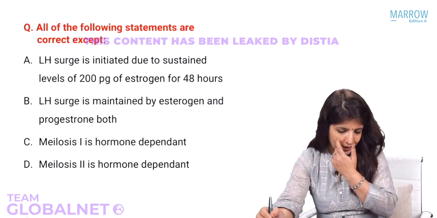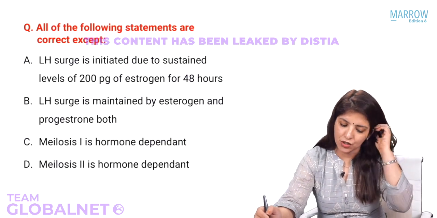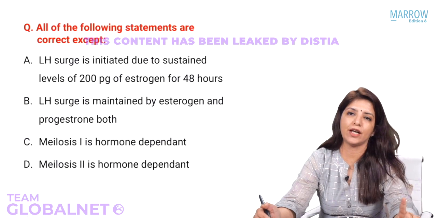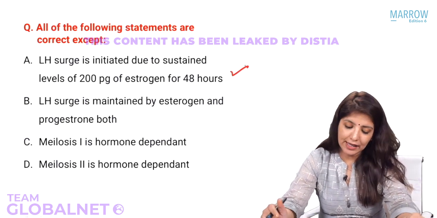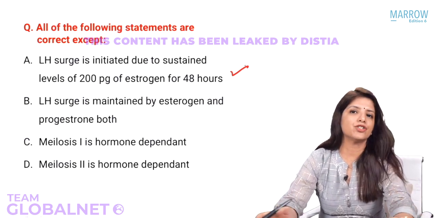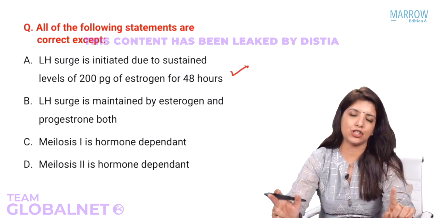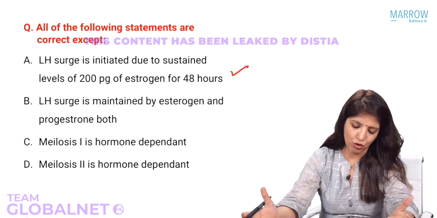Okay, question number 1. All of the following statements are correct except option A, LH surge is initiated due to sustained levels of 200 picograms of estrogen for 48 hours. Yes, I've repeated this 3-4 times. You know instantly it is yes. LH surge is maintained by estrogen and progesterone. Yes. LH surge is initiated by estrogen, and it is maintained by both estrogen and progesterone.